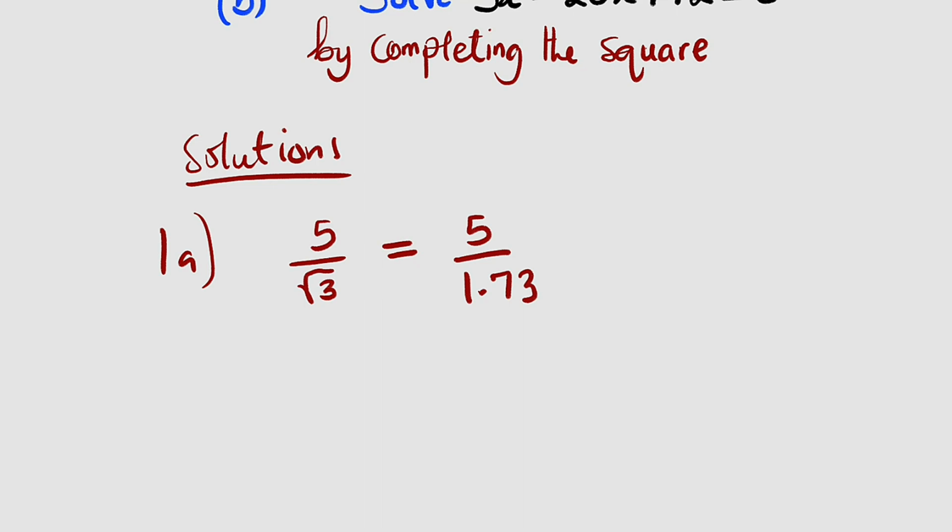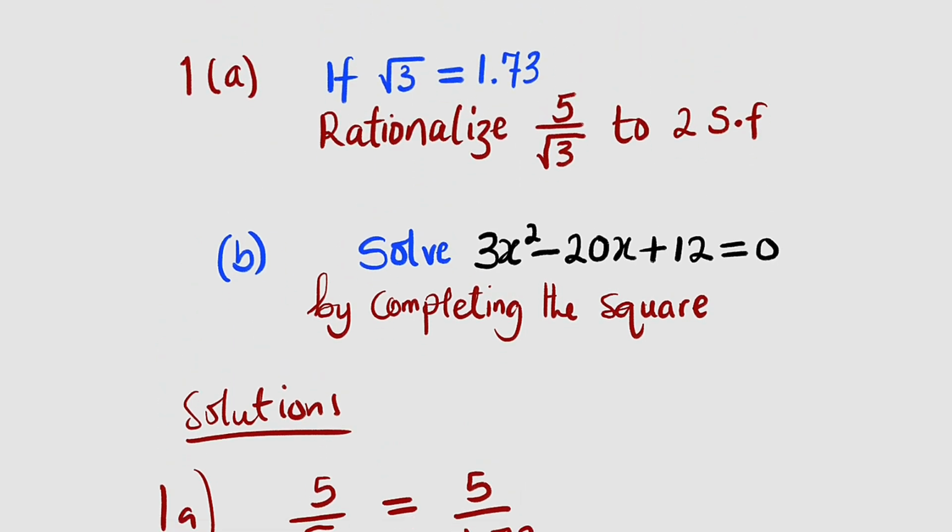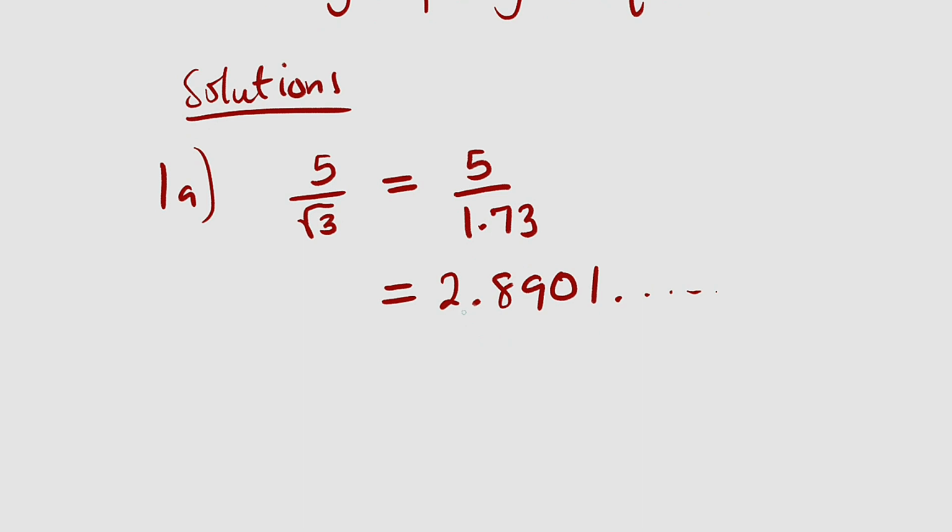And 5 divided by 1.73 will give us 2.8901 and so on. But what the question is telling us is the 2 significant figures. So the significant figures are 1, 2. But since the next number is 9, we're going to round up this to 9. So we have 2.9. Therefore, our answer is equal to 2.9.